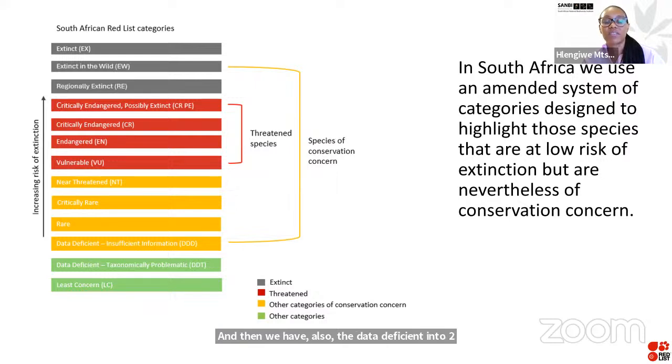One is data deficient, insufficient information, for species that have insufficient information to assess their risk of extinction. And then there's DDT, which is when a taxon needs a taxonomic revision that has not been resolved.